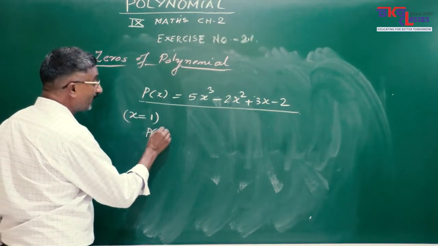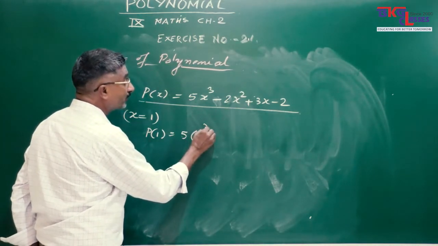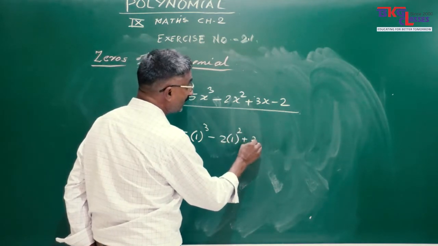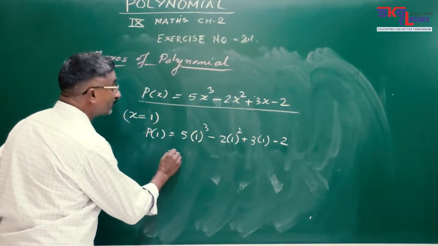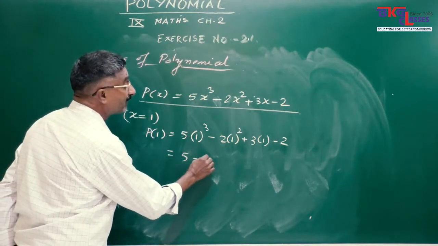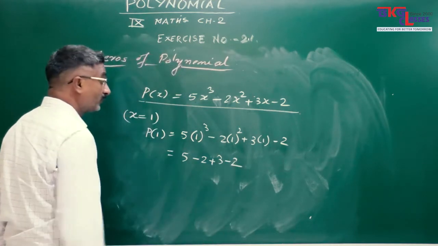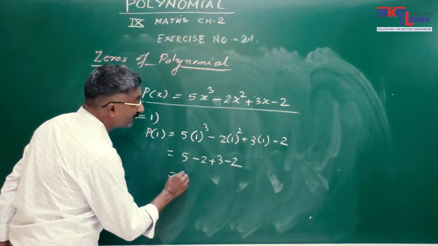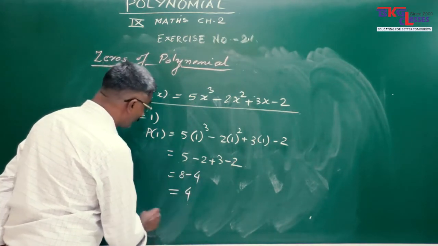So, p(1) will be equal to 5 into 1³ − 2 into 1² + 3 into 1 − 2. So, this is 5 − 2 + 3 − 2. So, 5 plus 3 is 8 minus 4. So, this is equal to 4.